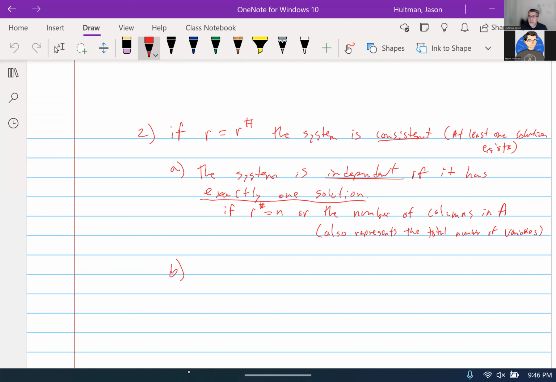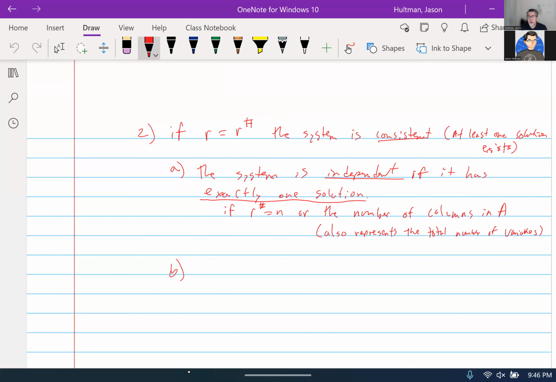Now, that doesn't mean that anything can be a solution. It means that it has a very specific solution set, but there's just an infinite number of values that could satisfy that solution set.